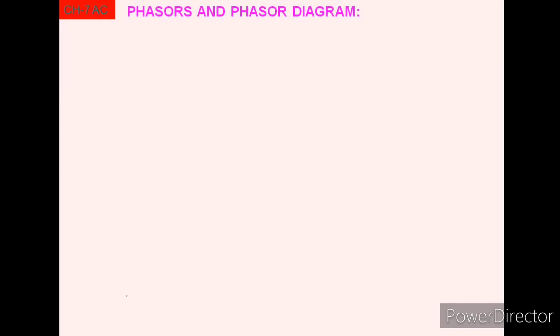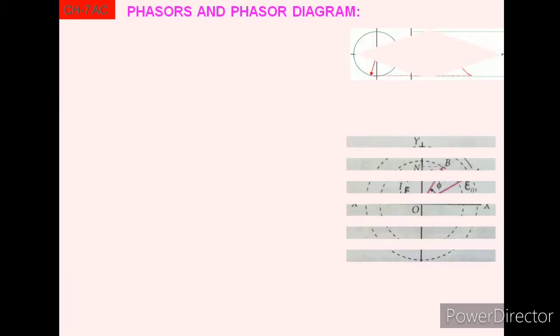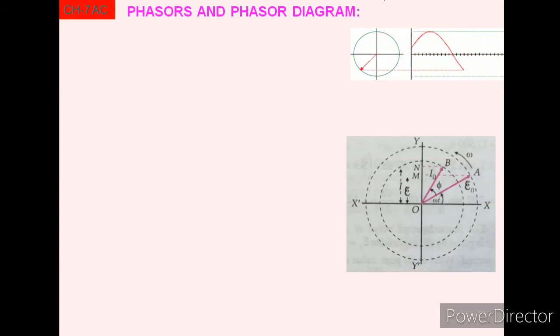So what is phasor? To understand, look at this figure. As you see, this GIF represents one rotating vector, a vector which is rotating in anti-clockwise direction with some angular velocity.